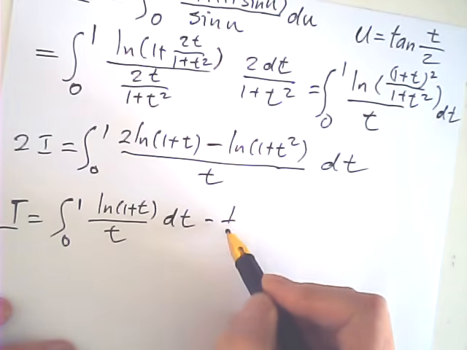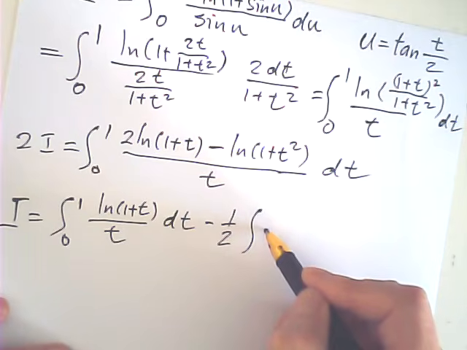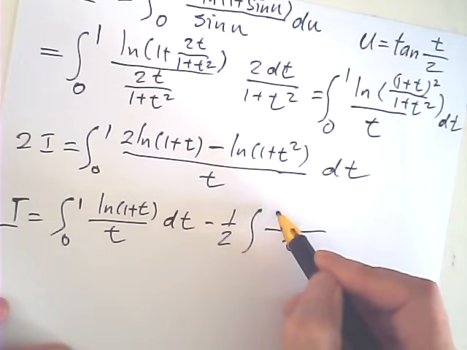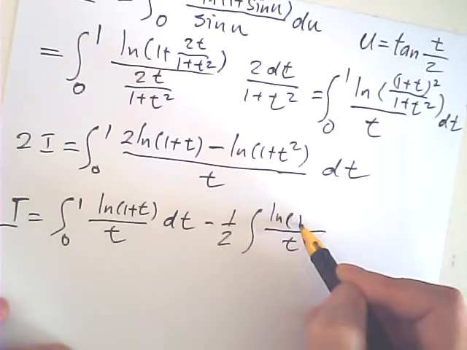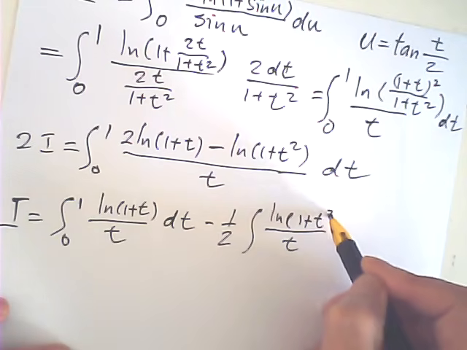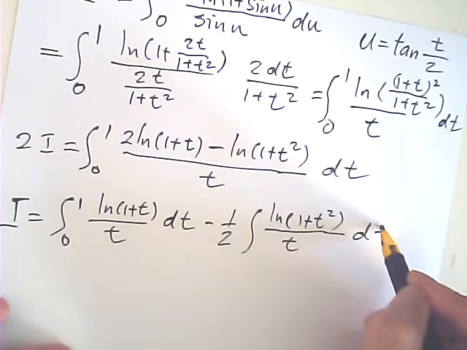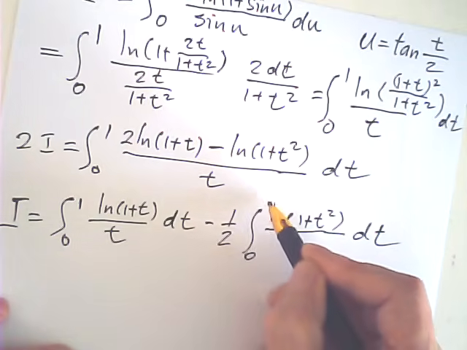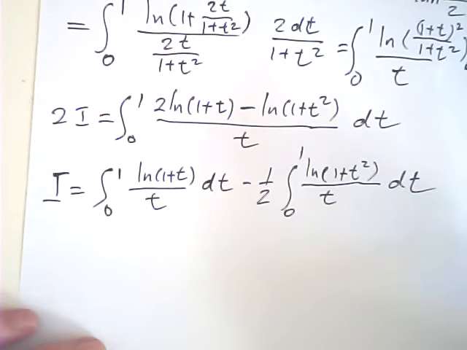The second one is 1/2 integral t log (1 plus t squared) from 0 to 1. Okay.